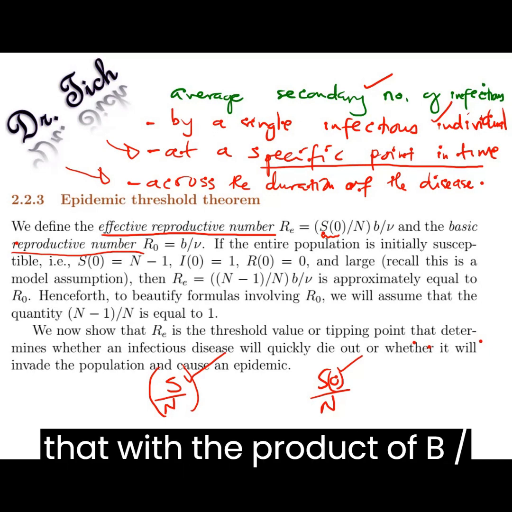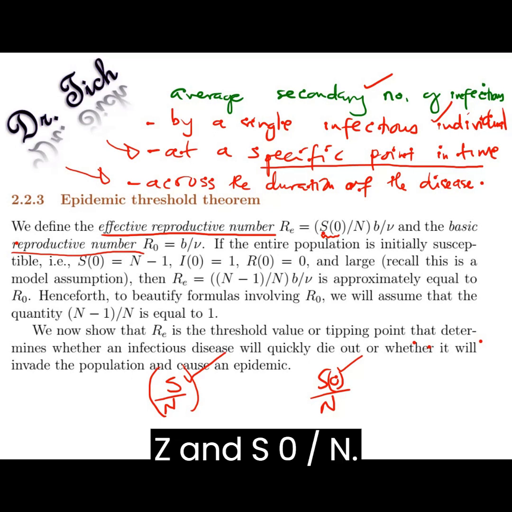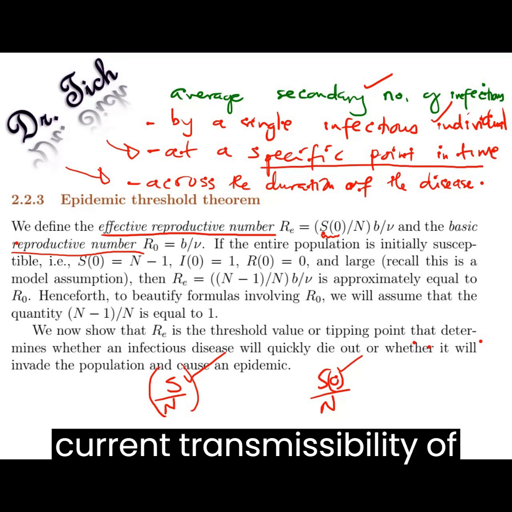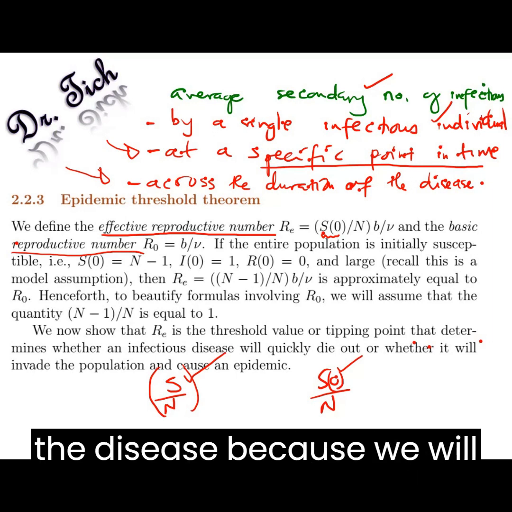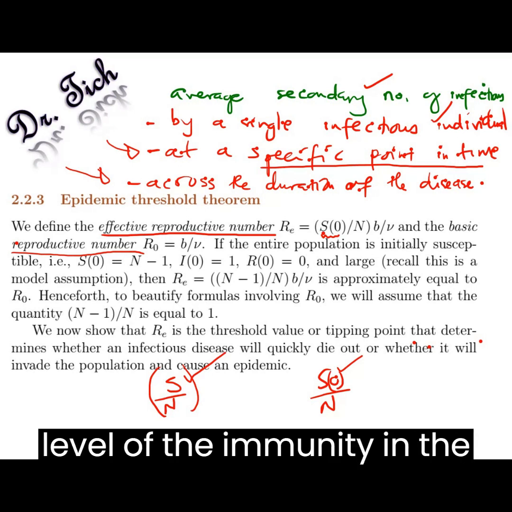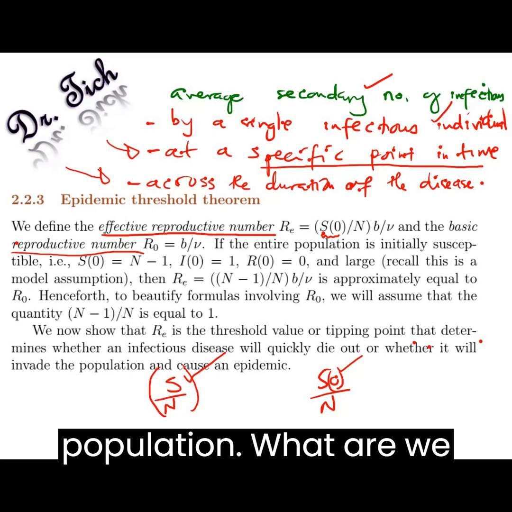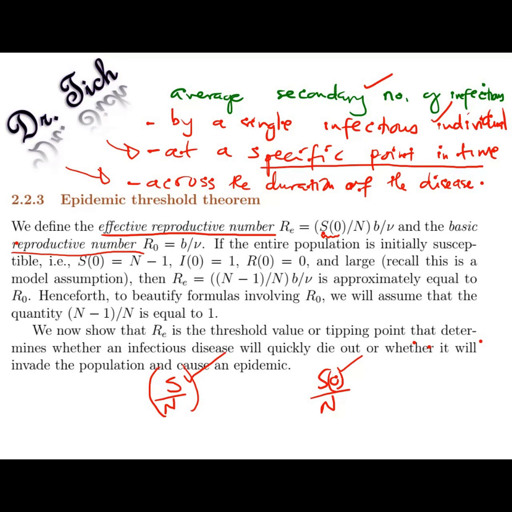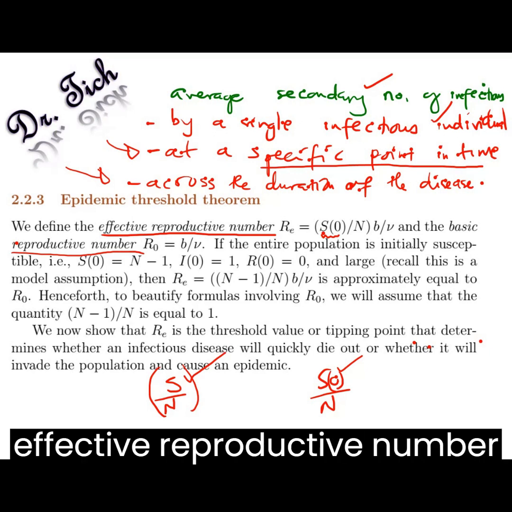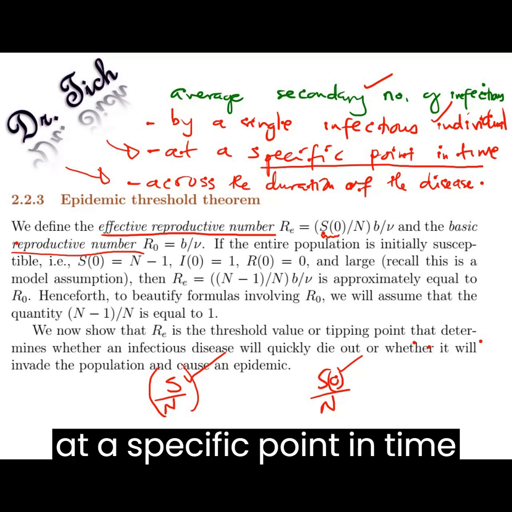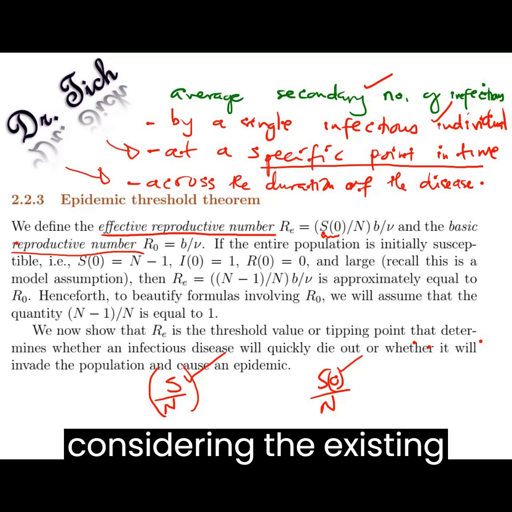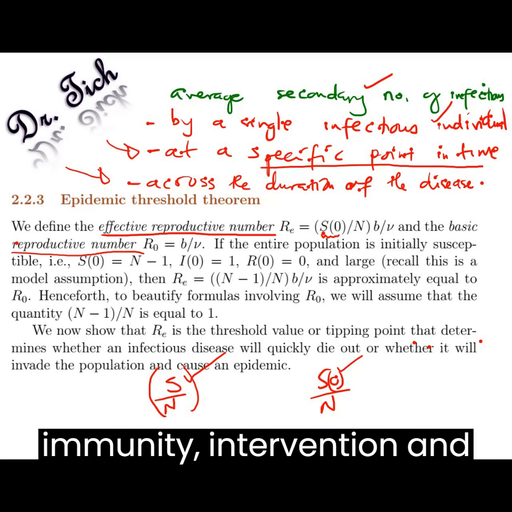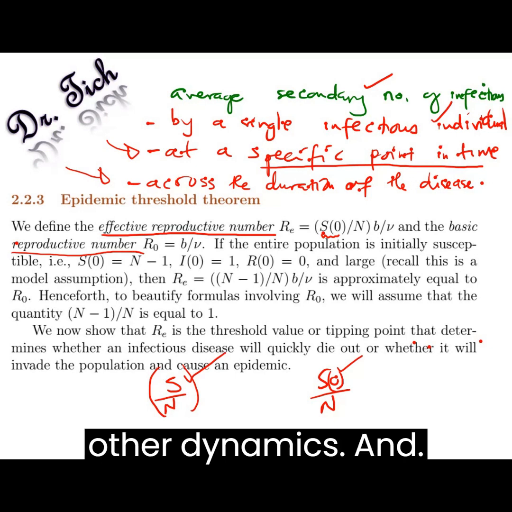From the product of B over V and S naught over N, we get an insight into the current transmissibility of the disease, because we are considering the existing level of immunity in the population. RE represents the effective reproductive number at a specific point in time, considering the existing state of the population, and we also take into consideration immunity, interventions and other dynamics.